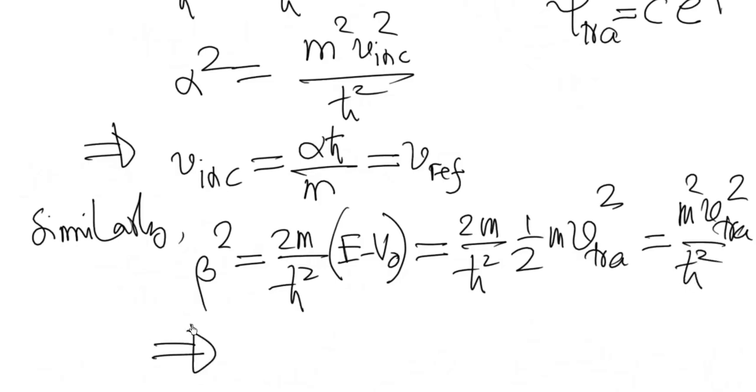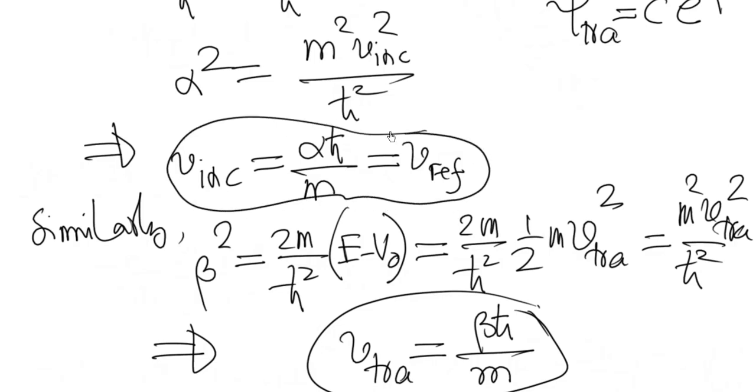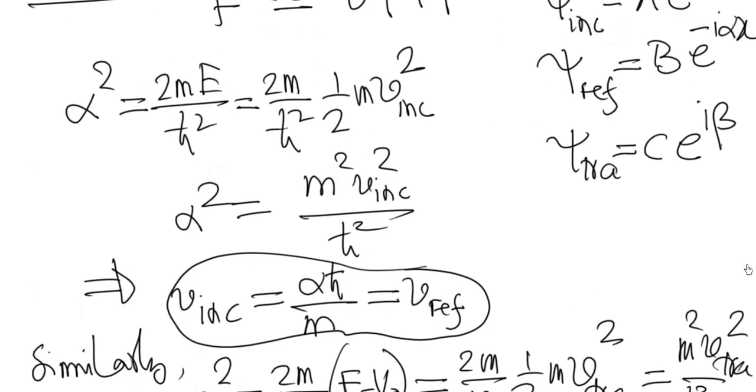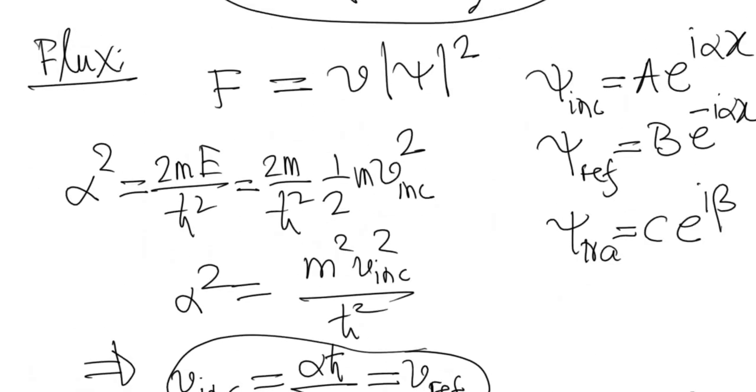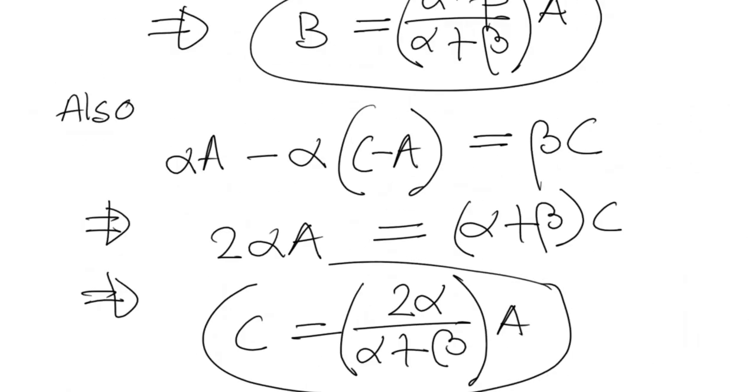From this relation we can say that v transmitted equals beta h-cut divided by m. So now we have found the incident velocity, reflected velocity, and transmitted velocity, and we can calculate the flux from this relation, and we shall see how these three fluxes are related.